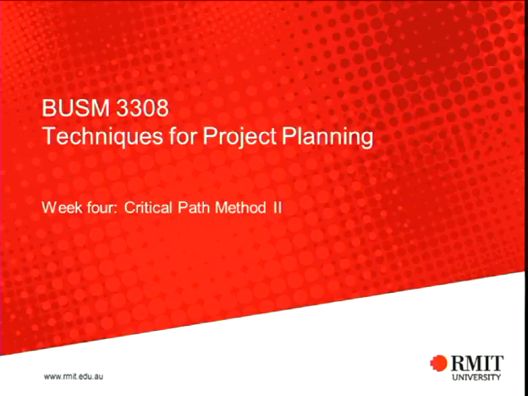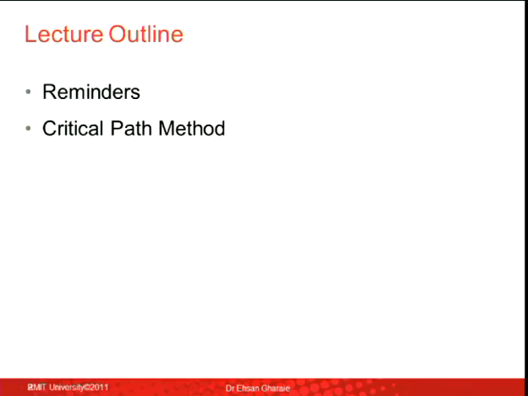But this week we want to look at all the different activity relationships and how you can actually address different relationships in a critical path method and do the calculations and so on and so forth. So I will have a few reminders at the beginning, and then we'll talk about CPM. And by the end of the lecture, I will talk about a concept called float or slack, which is really important in project planning.